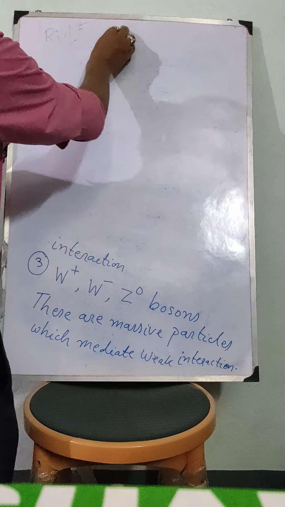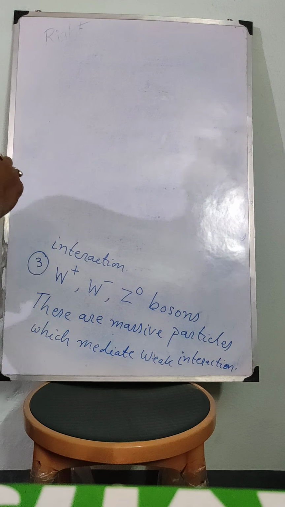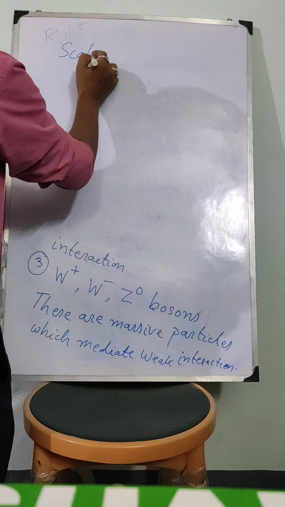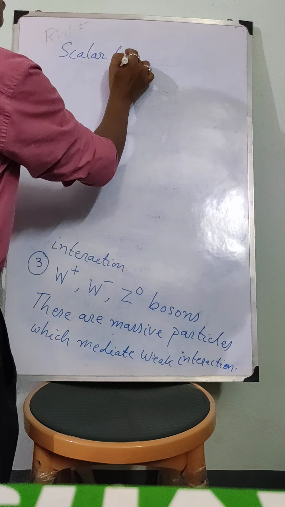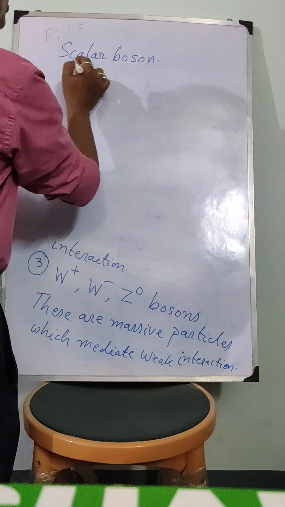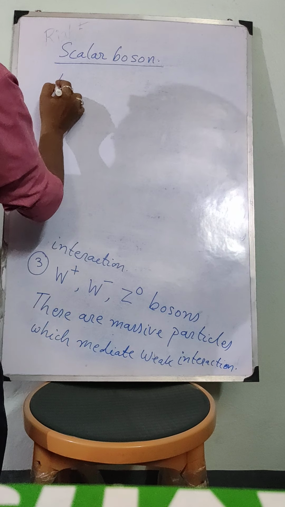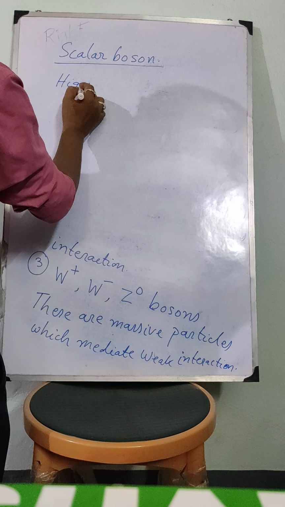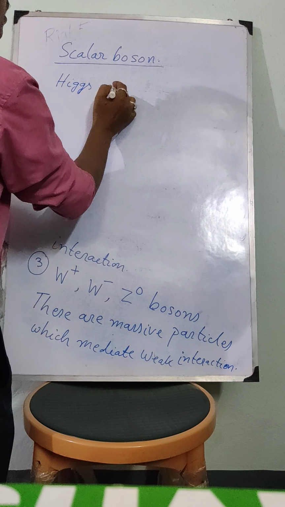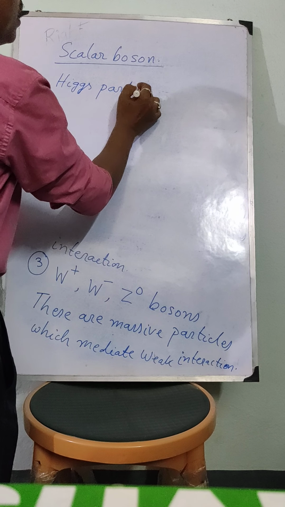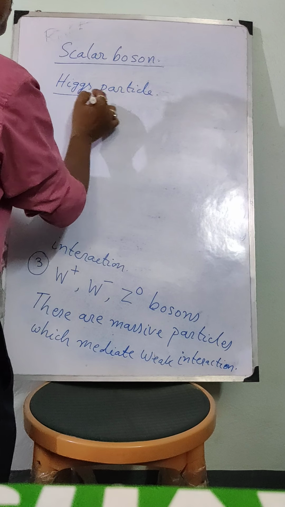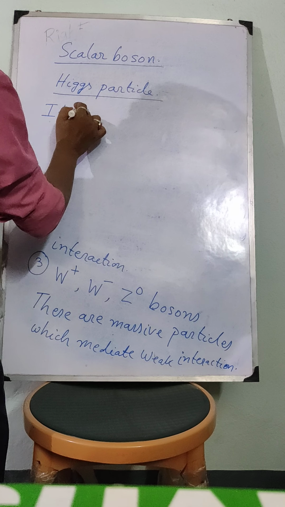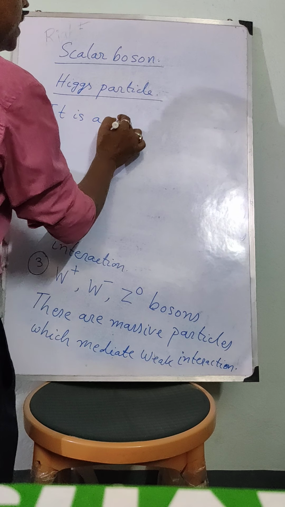So the scalar boson is the Higgs particle or Higgs boson. Now it is a massive particle.